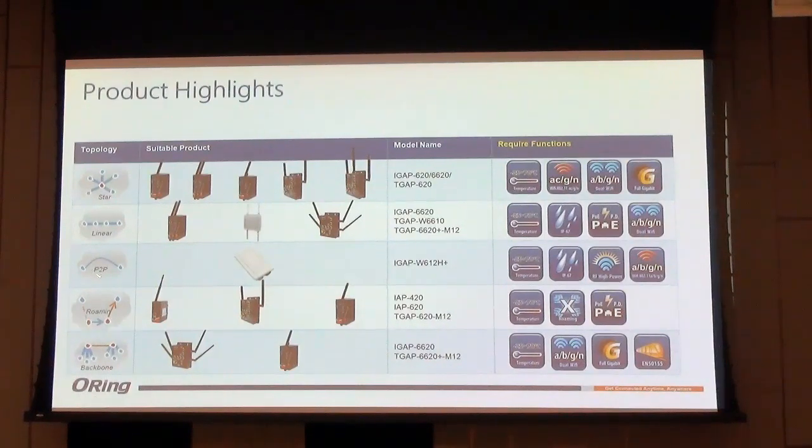For example, for the point-to-point application, we provide a waterproof access point and high power spec in this environment, so they can get more coverage. And for the backbone topology, we provide dual RF, so you can use one RF to set up 5 gigahertz and use the other RF for 2.4 gigahertz to serve the local area.